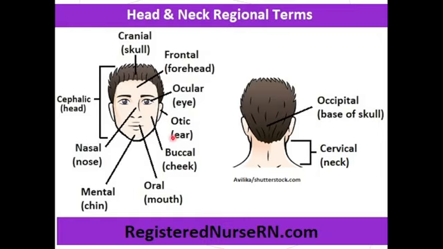If you have an earache, your doctor may use an otoscope to inspect your otic region. This is your ear. Next is nasal, which is your nose, which most of you will probably remember because of nasal spray. And nasal congestion is what we call a stuffy nose. Oral means the mouth.